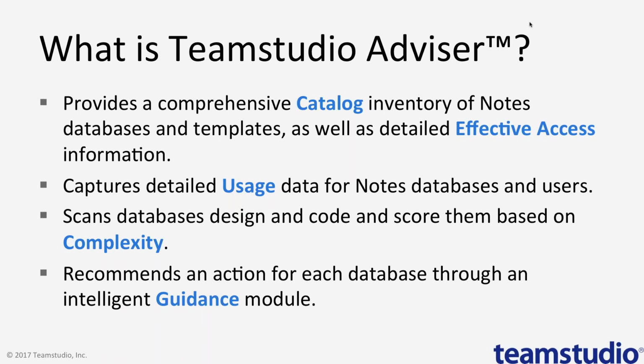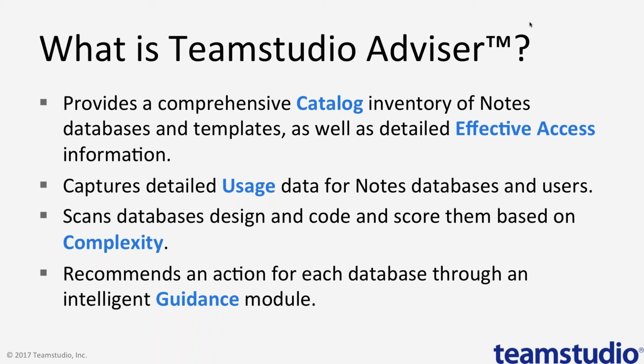And then the fourth one is guidance. What we've done is created a module and written some code which will compile the output from things like catalog, usage, effective access, complexity, and also a self-service business value component.